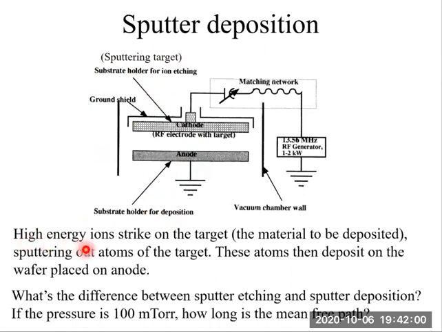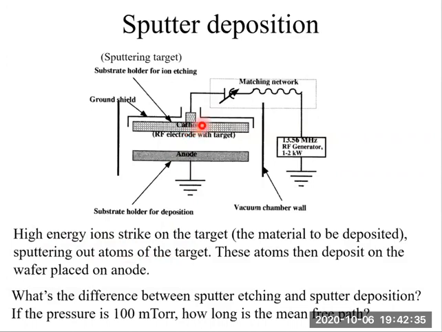Then the high energy ions, positively charged ions, strike on the target. The target is placed on the cathode. Why do the high energy ions strike the cathode? Because the cathode has a negative DC bias. It's negatively biased, and the positive ions will strike the cathode.